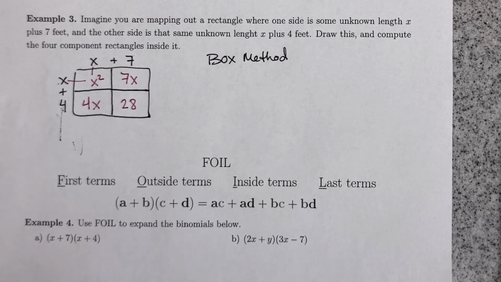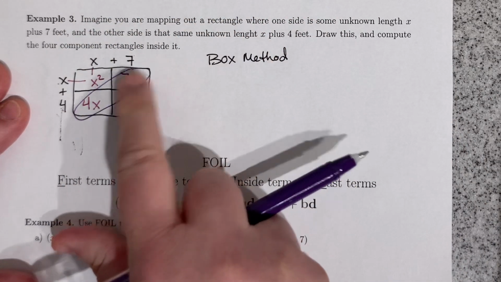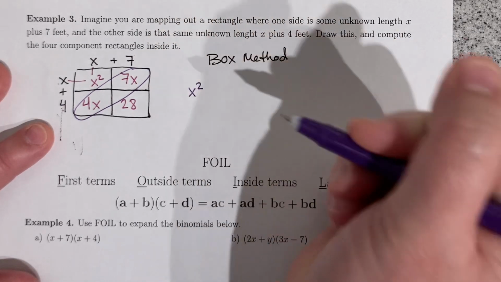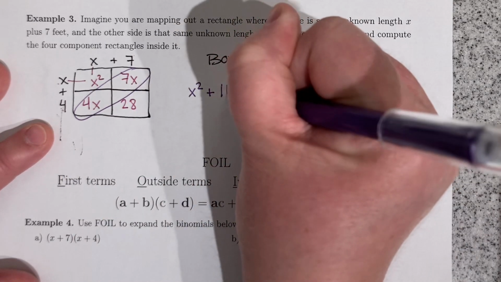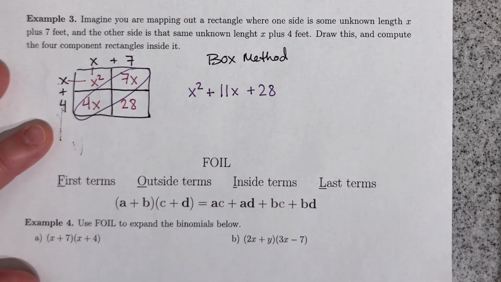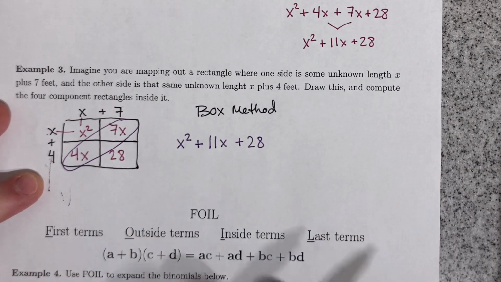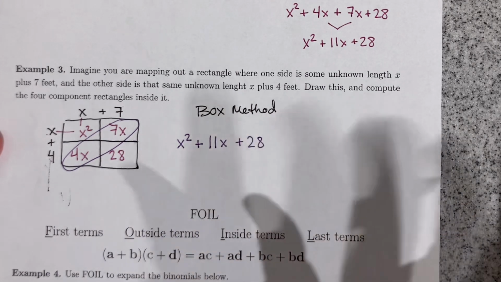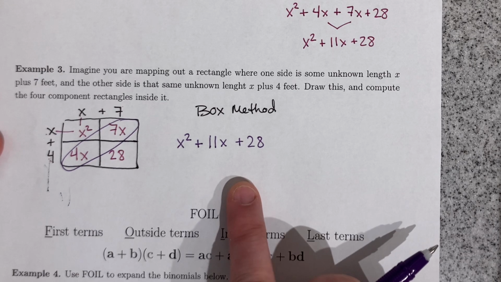Almost always, not always, but most of the time, the diagonal is going to be like terms that we need to combine. So the x squared stays x squared. We add these like terms to get 11x, and then the plus 28 is still there. So same answer, different way to organize what we're doing. So box method, I love it. If you love it too, this is something that you might want to use a whole lot.